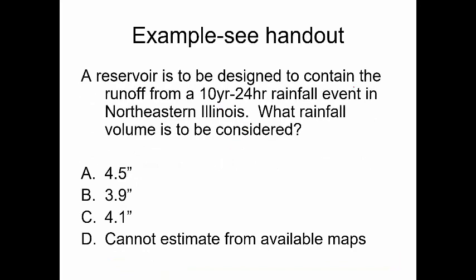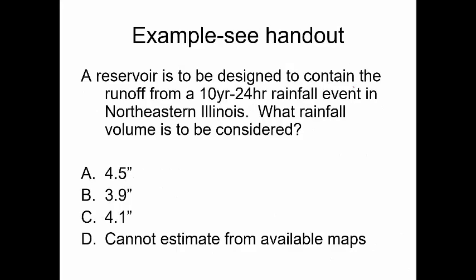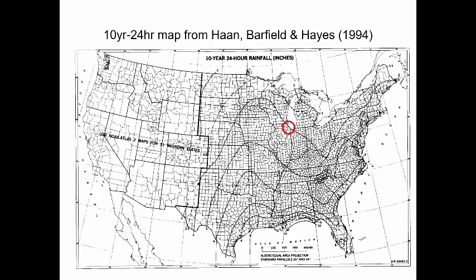Here I say see handout, but I will be showing you. So what I want you to do is to look at this question and look at other slides and know that this is a 10-year, 24-hour for Illinois in that case.